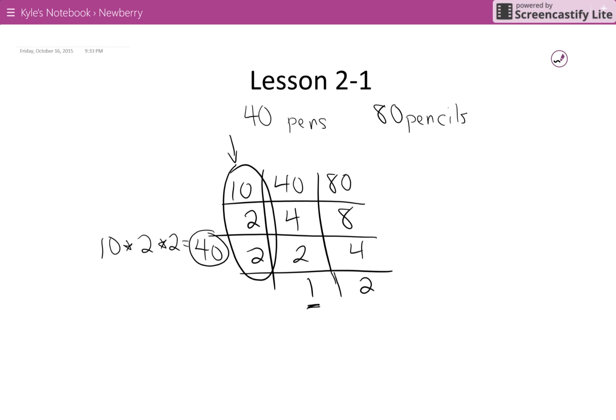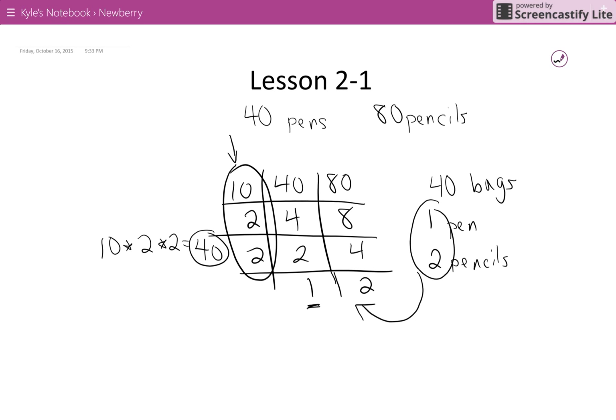We did 10 times 2 times 2, so we have 40, so our greatest common factor is 40, which means that we can make 40 bags. And then in each bag, we would have 1 pen and 2 pencils. And these numbers come from right down here. Hope this helps.